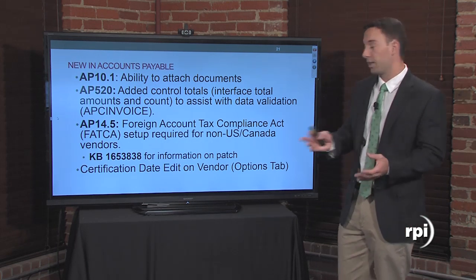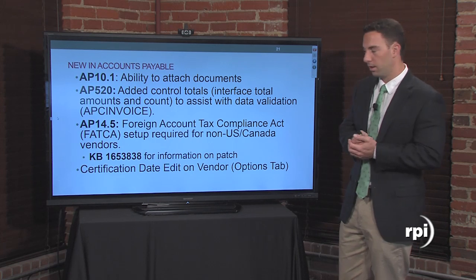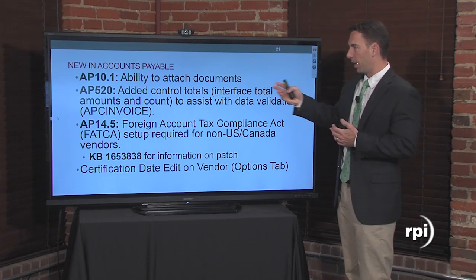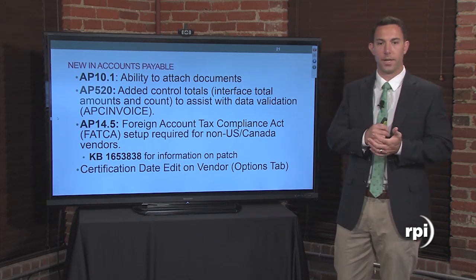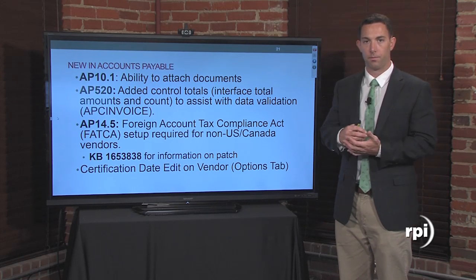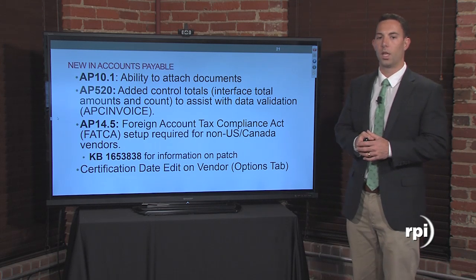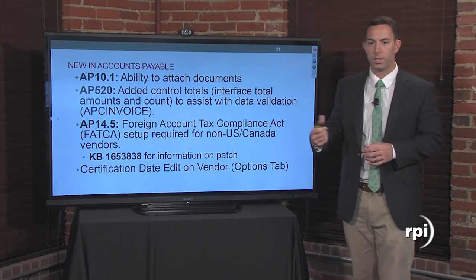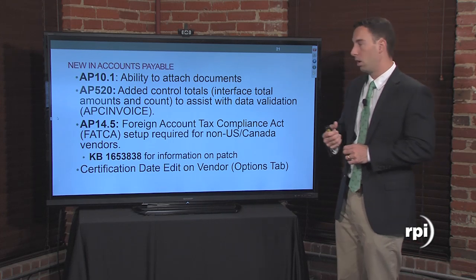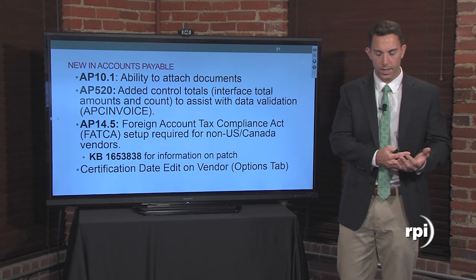Couple things. There's a lot of stuff going on in AP. I've tried to scrape just the most important things, but there's a bunch of stuff. AP 10, you can attach documents to your vendor. So if you wanted to have a W-9 out there, you can right-click the vendor number and put in a link to a document. AP 520, your invoice interface program, now has the ability to confirm what's been interfaced.